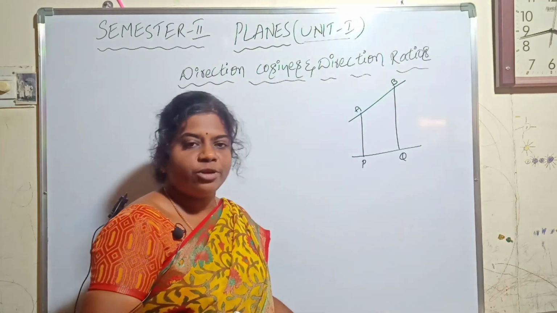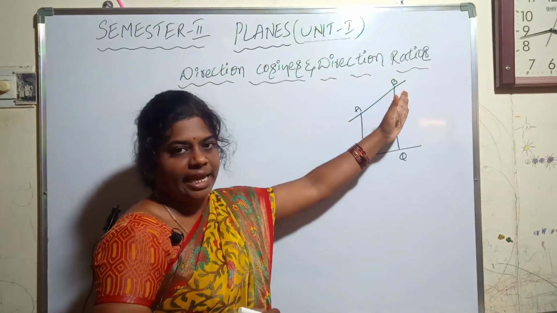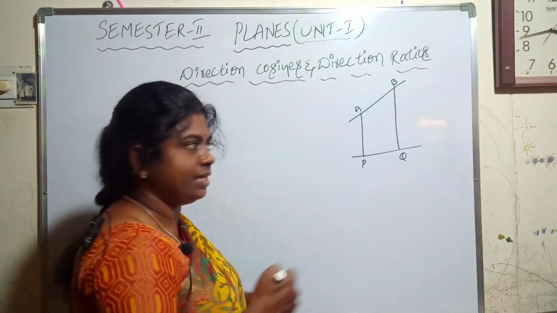Now the projection of the line AB on PQ is defined as follows.